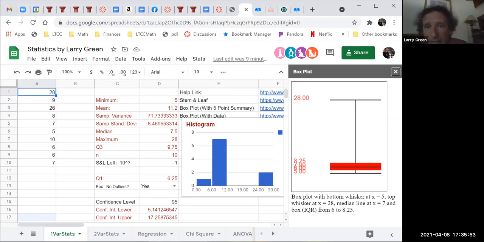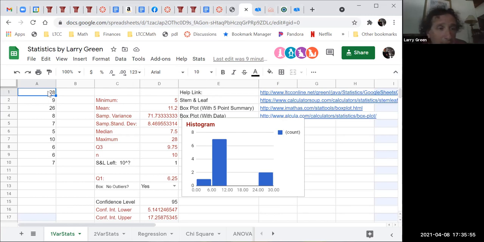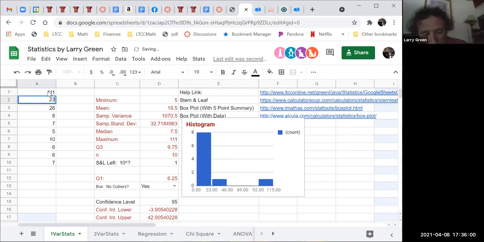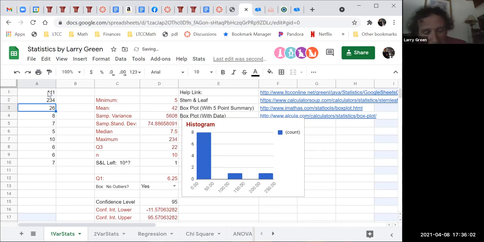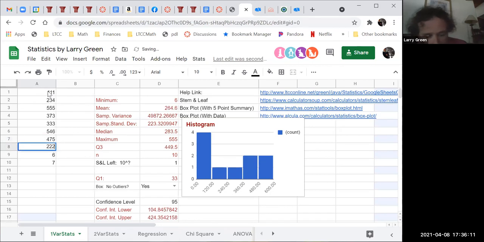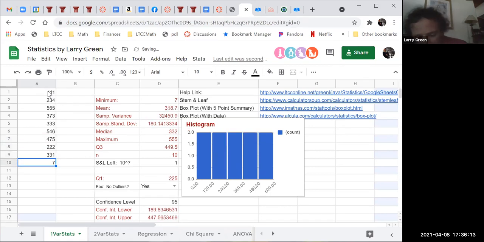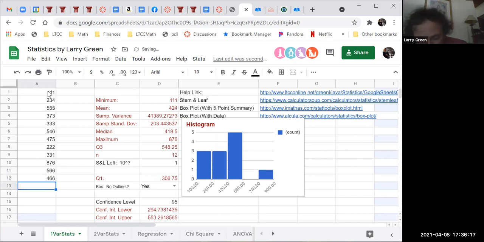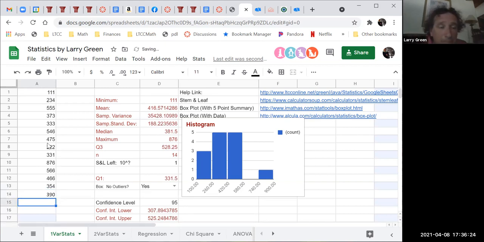So I'm going to kill the box plot. Let's put in some 3-digit numbers. I'm just going to randomly grab some, just easy numbers to type in. That's probably enough.